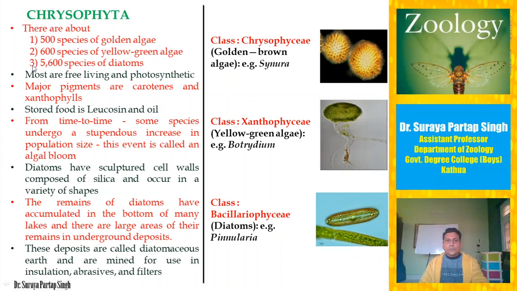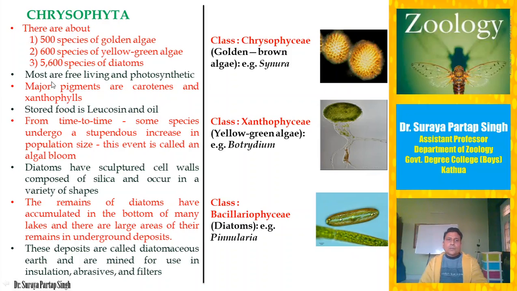There are about 5,600 species of diatoms, which belong to class Bacillariophyceae. So the largest class of this division is the Bacillariophyceae, having about 5,600 species. Chrysophyceae has around 500 species, Xanthophyceae about 600 species, and the major chunk of species belong to Bacillariophyceae, that means the diatoms, around 5,600 species.